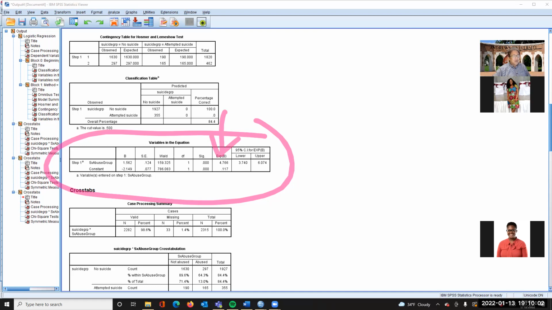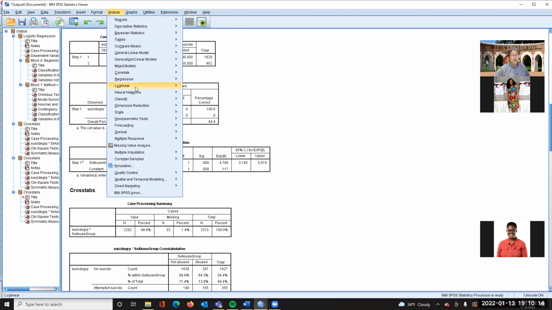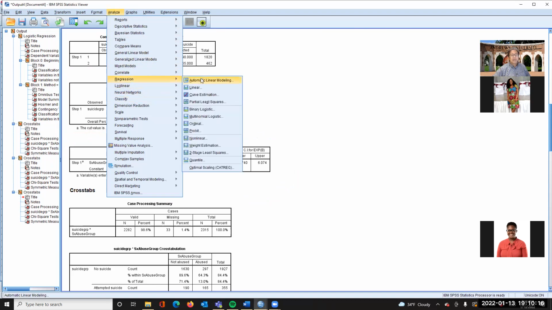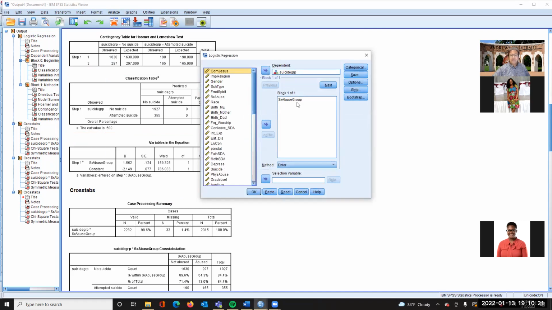All right. So let's now expand this and say, okay, what if we add more variables? Instead of just abuse group, what if we add another variable called depression?